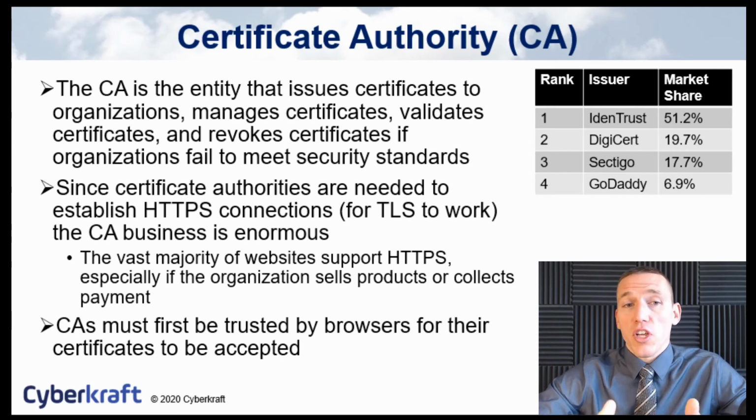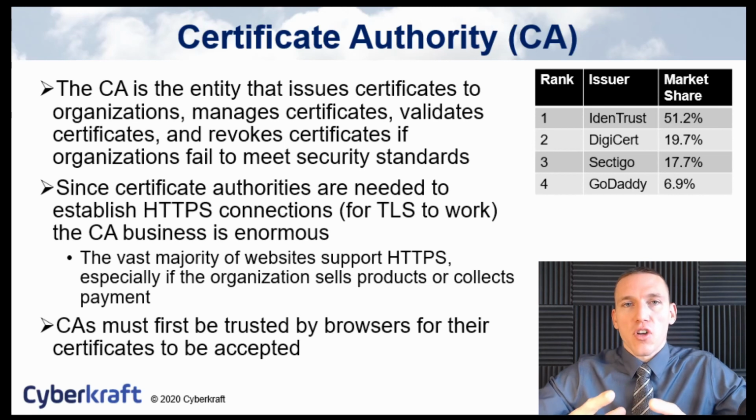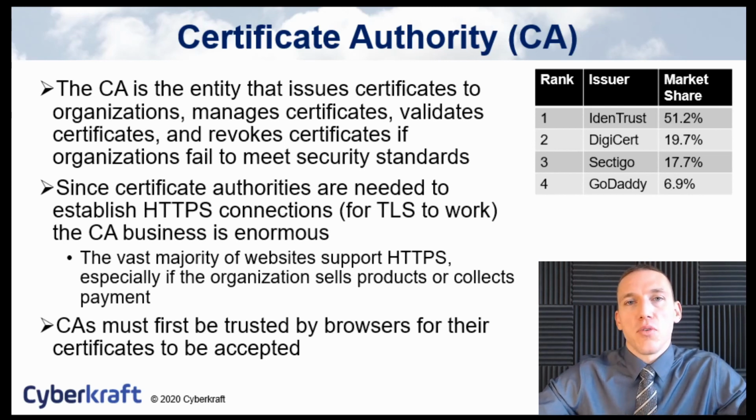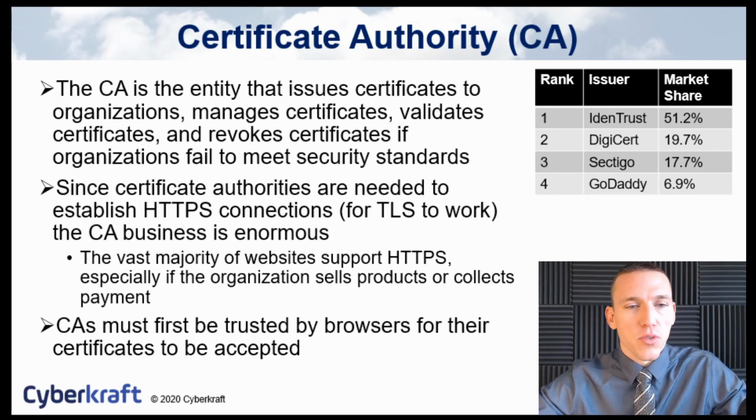So Certificate Authority, or CA, is the entity that issues these certificates, and these certificates are what allows for websites to establish HTTPS connections, or transport layer security connections. These connections were formerly known as SSL connections, or Secure Sockets Layer, but Secure Sockets Layer has been phased out. Now transport layer security is being used.